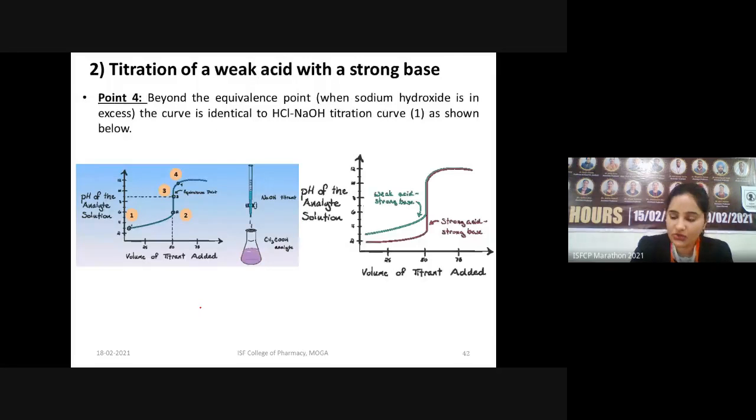This is the difference in the beginning.